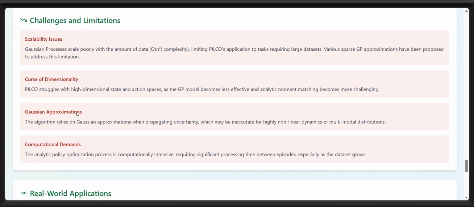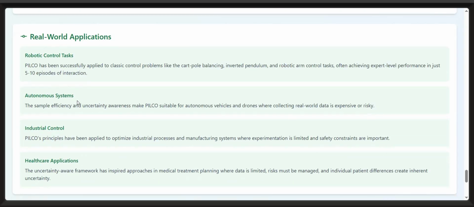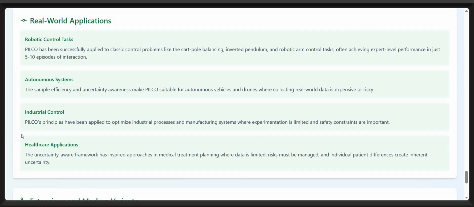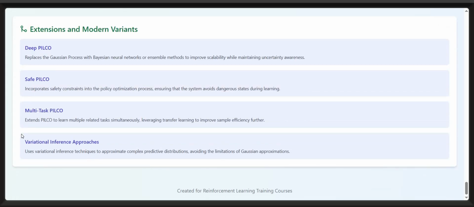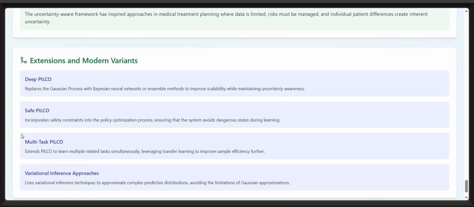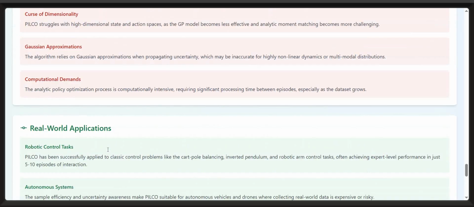For real world applications, it is used in robotic control tasks, autonomous systems, industrial control, and healthcare applications. If you want to learn more, you can search for other variants or extensions, for example deep PILCO, safe PILCO, multitask PILCO, or variational inference approaches.